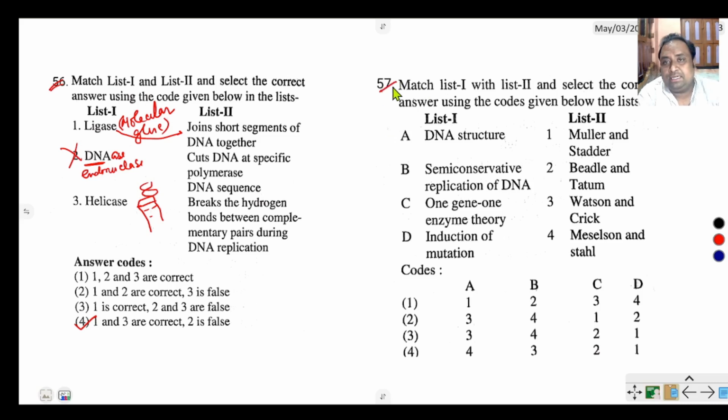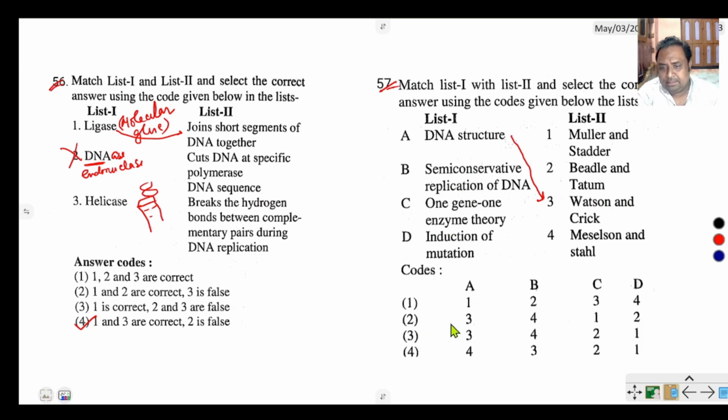Question 57 says match list 1 with list 2 and select the correct answer using the codes given below. A, the DNA structure, was determined by Watson and Crick and also Rosalind Franklin. So A is 3.